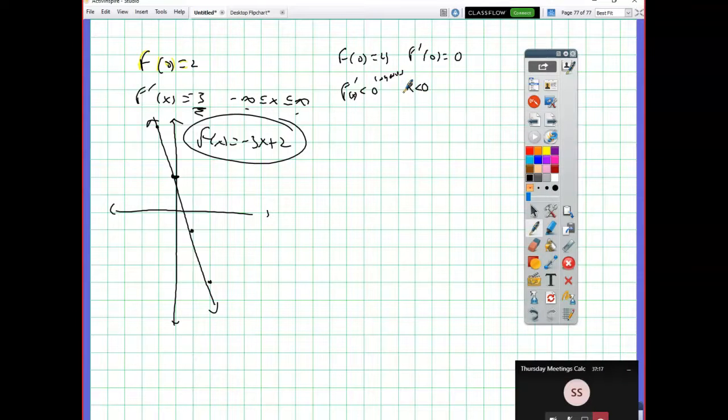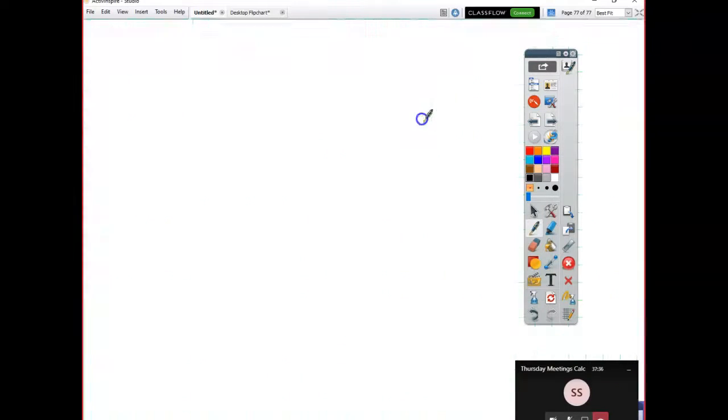Agreed? So it's going to be negative. It's going downhill before that. Agreed? Okay. Then f prime of x is greater than 0. What does that tell me? My slope is positive. So I'm going to go uphill afterwards.